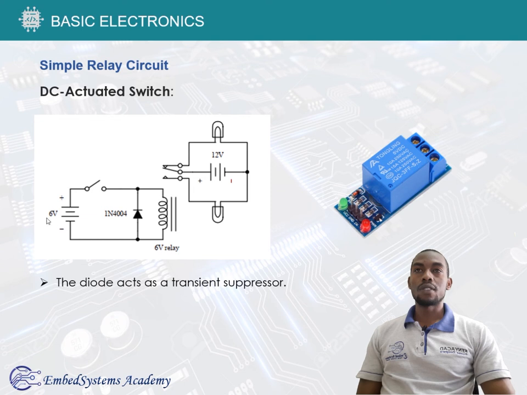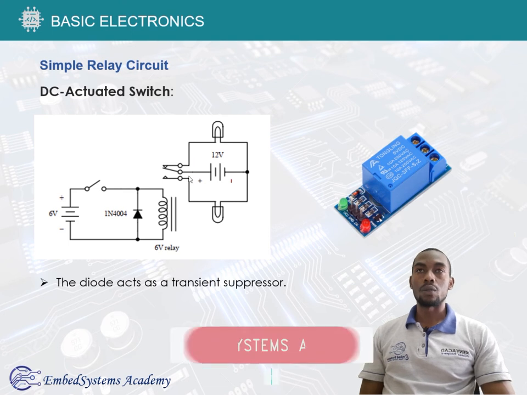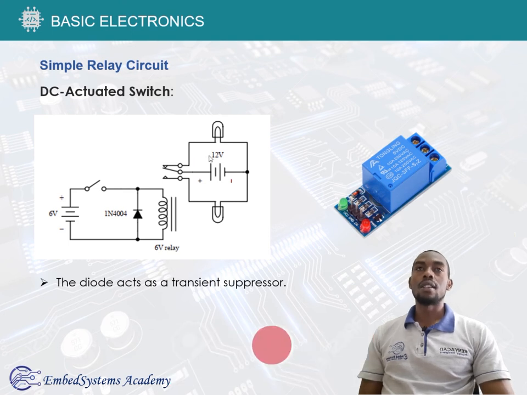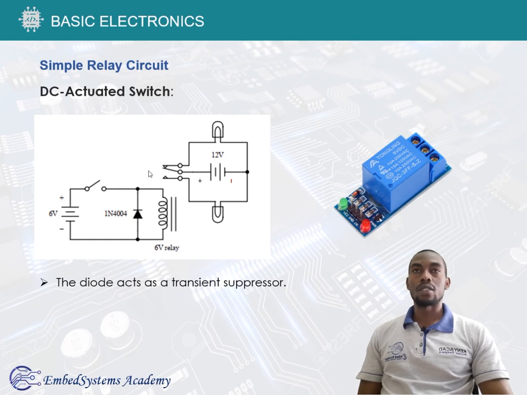For instance, we have 6 volts controlling this relay, so that when you turn on this circuit, then this other circuit is also turned on. When you switch off this circuit, this other one is off. But they are mechanically separated, so that there is no connection between this circuit and this circuit.